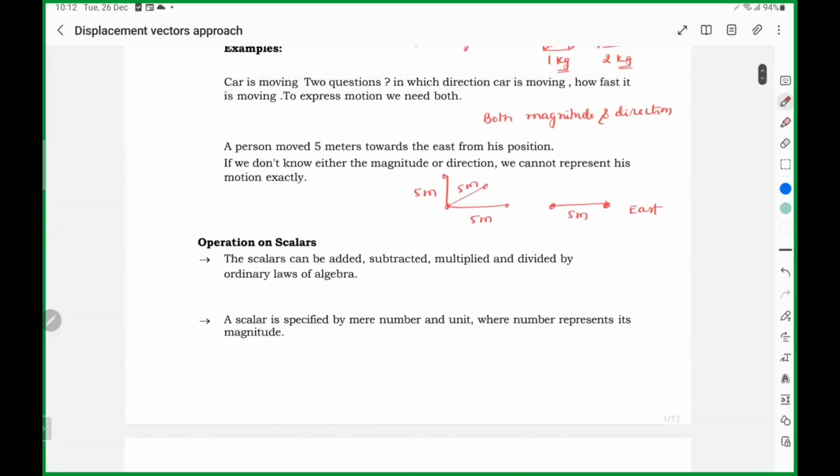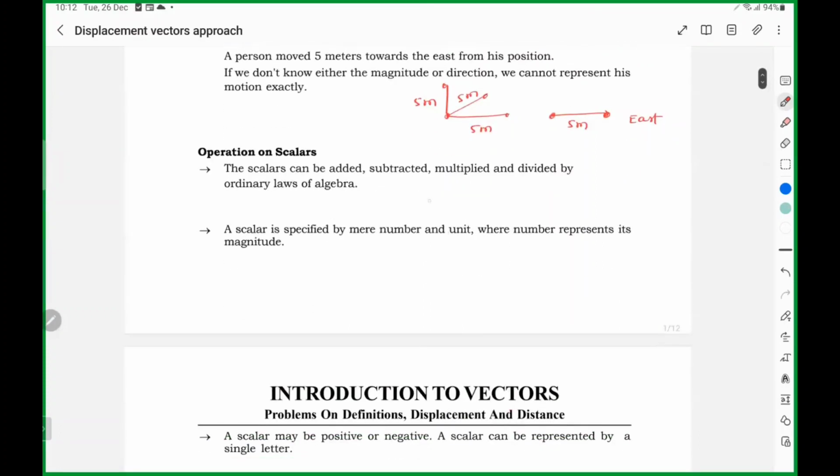So when we introduce something new, we have to define addition, multiplication, subtraction and all. Scalars are just numbers. So how we add numbers, in the same way by using ordinary laws of algebra, we add them. Multiplication, all same.